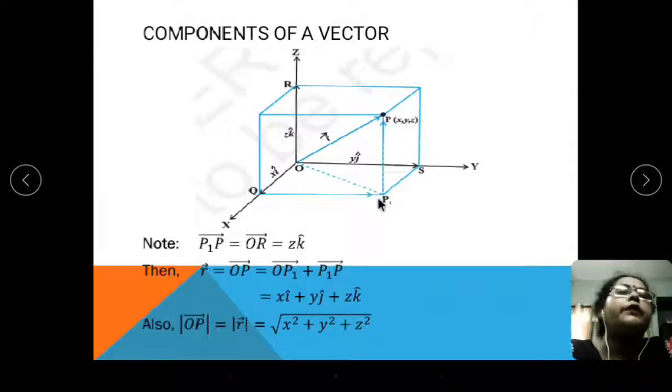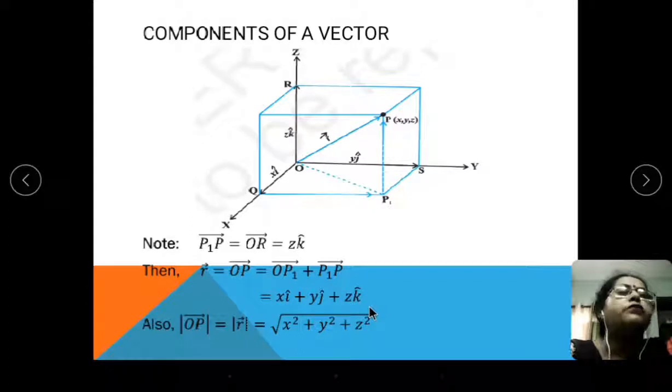So OP1 is nothing but OQ plus QP. OQ is xi, and QP, if we notice, is parallel to OS. So QP is yj. So then we get a very important and useful relation to be used in subsequent discussions, that the vector r is represented as xi plus yj plus zk.